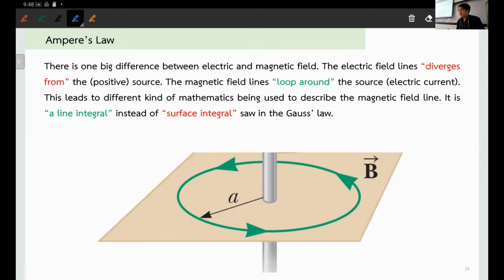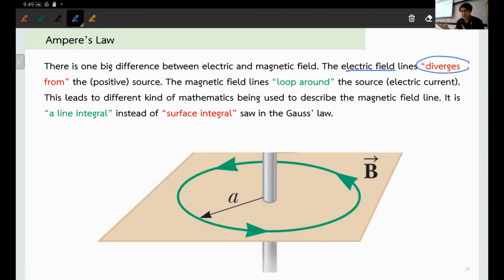Okay, give me 5 minutes to give you the idea of Ampere's law. You guys still remember Gauss's law? In Gauss's law, when you have a charge, the electric field comes out of it, right? So we say that the electric field diverges, coming out.